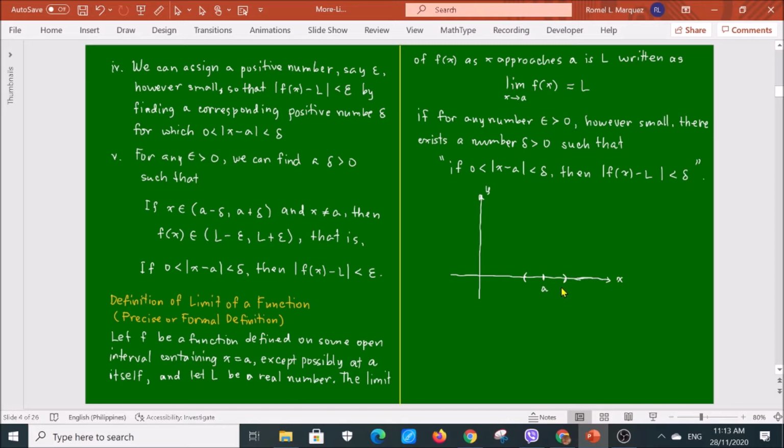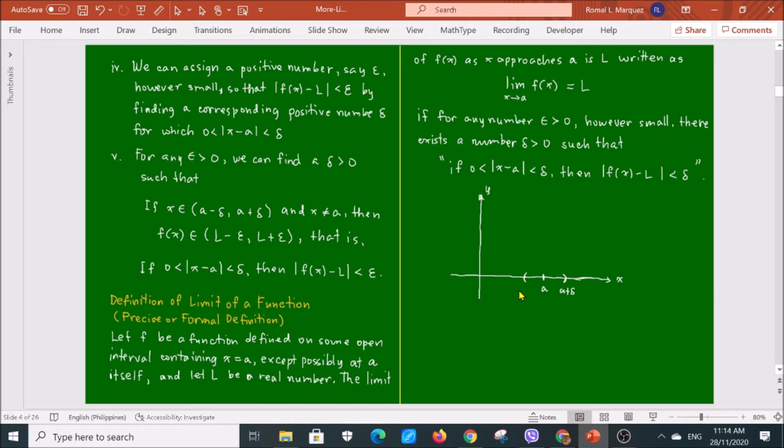Before this endpoint, because it is open, it is not included. So there is always a number that I can add to a but still stay in the interval, and that is delta. Here it is a plus delta, a number that is inside but close to the endpoint on the right.